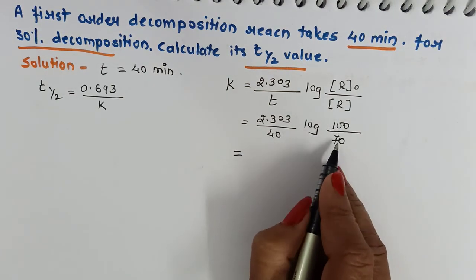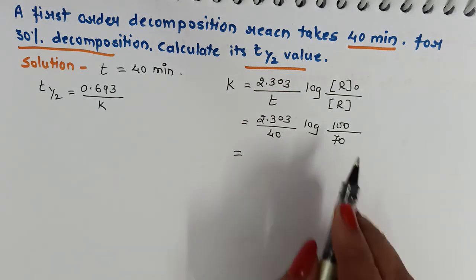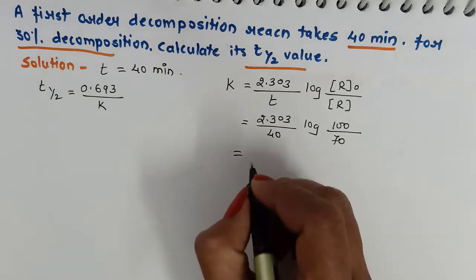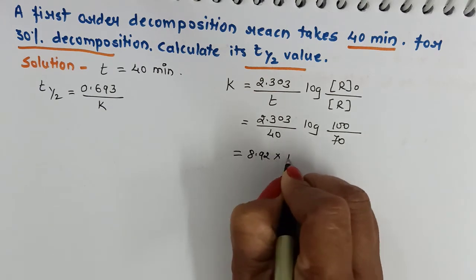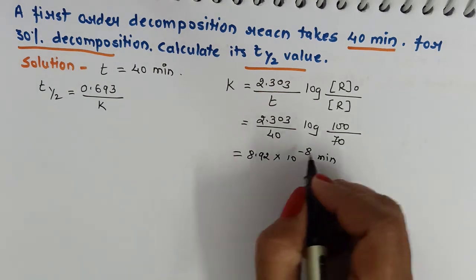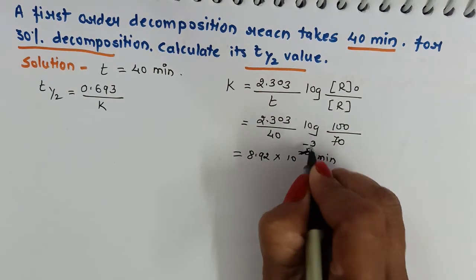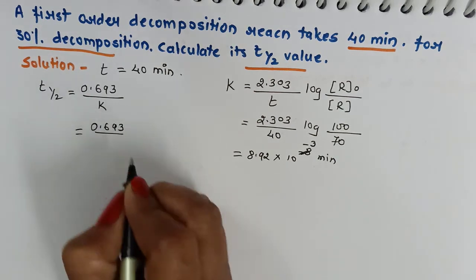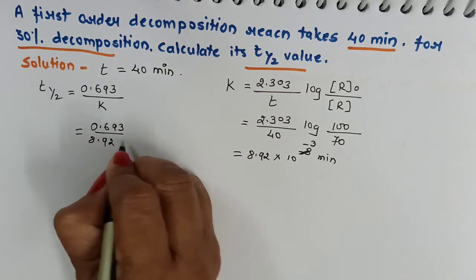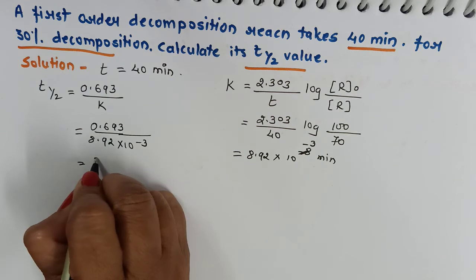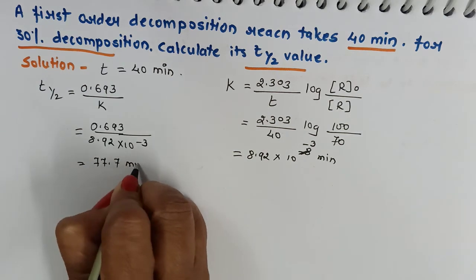Either you can take it as 10 by 7, then log 10 minus log 7, or you can take it as log 1.43. Anyway, you can solve the answer. The value of K here is 8.92 into 10 to power minus 3 minute inverse. Now the answer becomes very easy. 0.693 upon 8.92 into 10 to power minus 3, and we get the value of T half as 77.7 minutes.